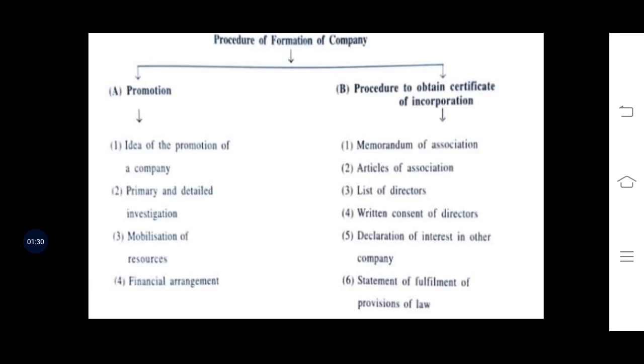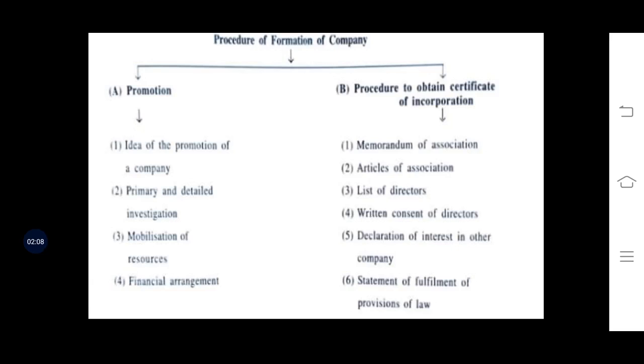But it is certain that for every state there will be a ROC, and every company will have to register its name with ROC. Then ROC will report to MCA, and MCA will report to the government. So this is the process, or you can say these are the steps. First, the company will go to ROC, ROC will go to MCA, and MCA will go to the government.